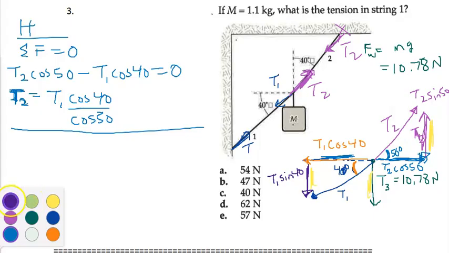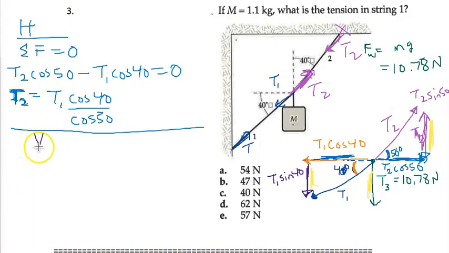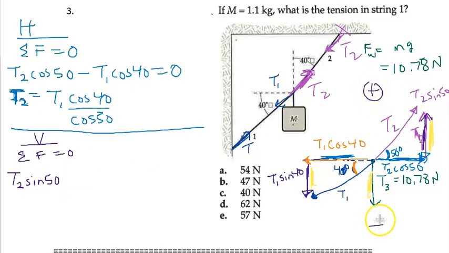That's my horizontal. We're stuck, so we're going to go to the vertical and say up and down forces are also balanced. This is why I wanted to assign this problem. We have T2 sine 50. That's going up. It is pointing to the positive. We have the weight, or sorry, it's not weight.